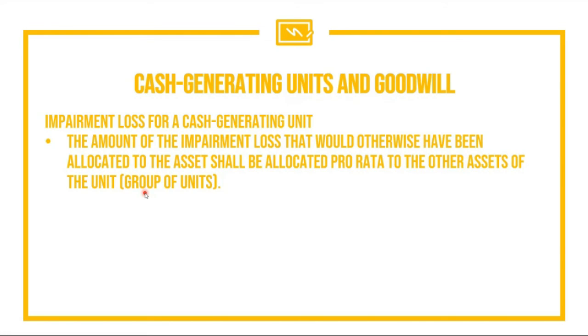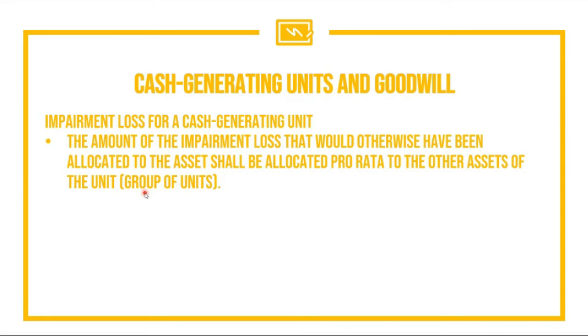Based on the computation, the carrying amount of the CGU is 5 million. The recoverable amount of the CGU is 5,500,000. Or in other words, it is not impaired. Therefore, we are not going to recognize the impairment of the individual machinery that was impaired because the CGU is not impaired.